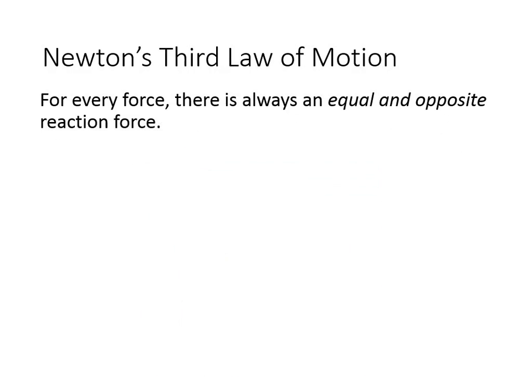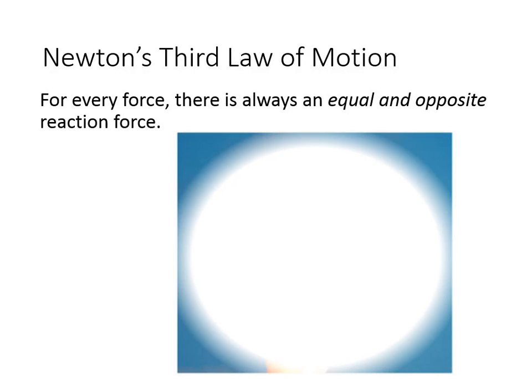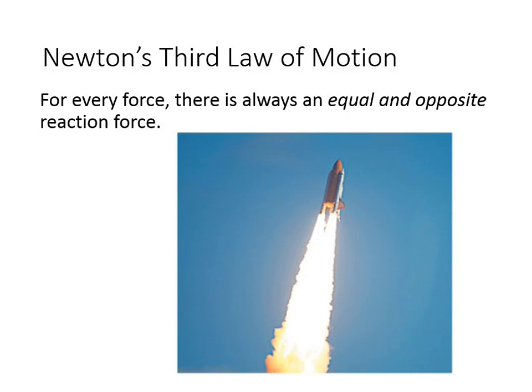All right, his third law. This is one where you tell your kids, don't fight, because if you hit your sister, she's going to hit you back. Or maybe you encourage the sister to hit the brother back. So for every action, there is an equal but opposite reaction.